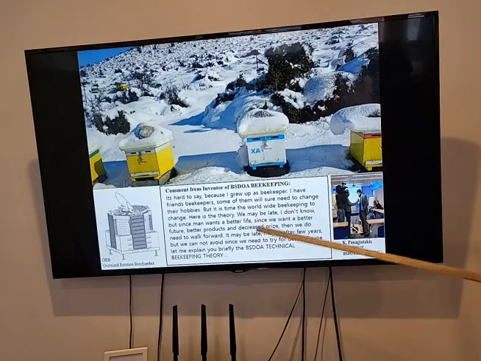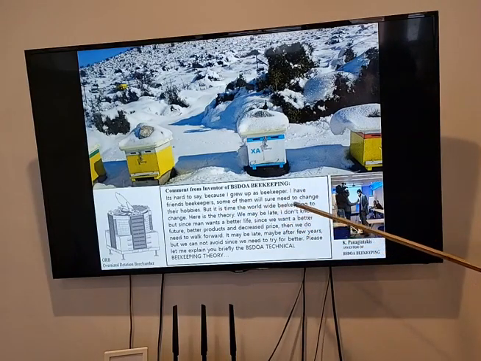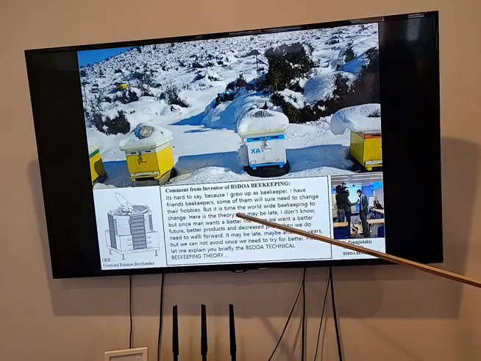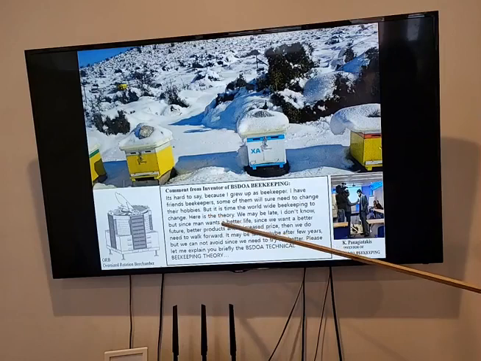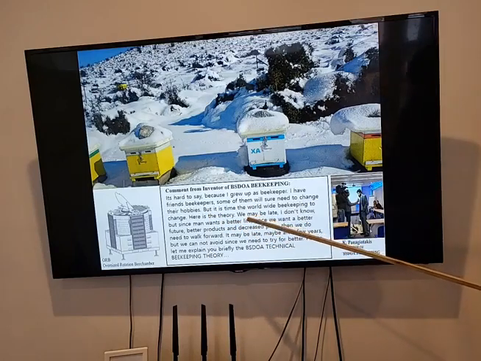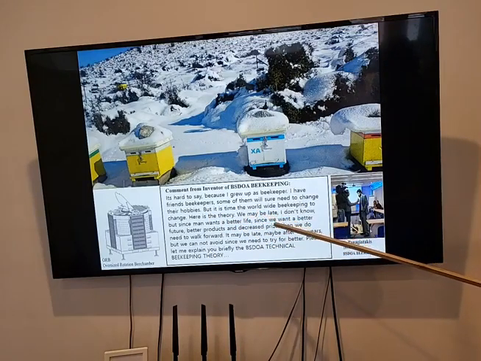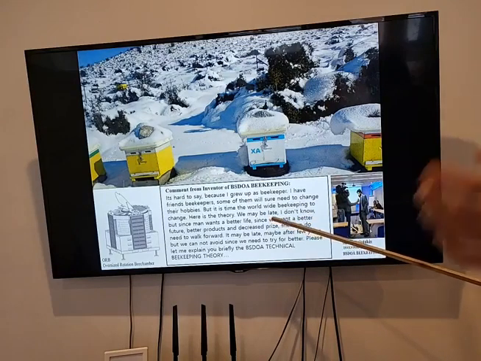It's hard to say because I grew up as a beekeeper. I have beekeeper friends, some of them will surely need to change their hobbies, but it is time for worldwide beekeeping to change. Here is the theory, the Bsdoa theory. We may be late. We are too late because some people are still playing with childhood beekeeping.